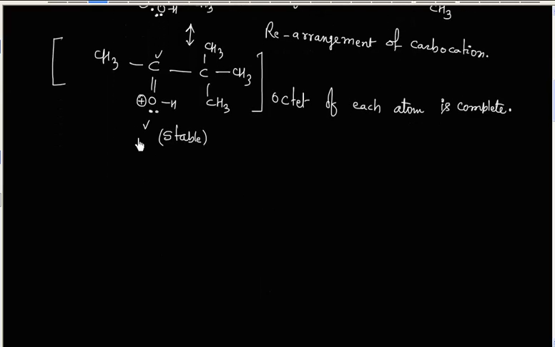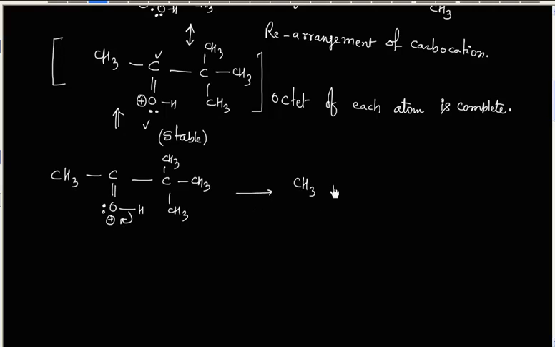So in the next step, if I consider this resonating structure, we can simply lose one H plus to get the final product. So we will have this as the final product, and this is called Pinacolone.